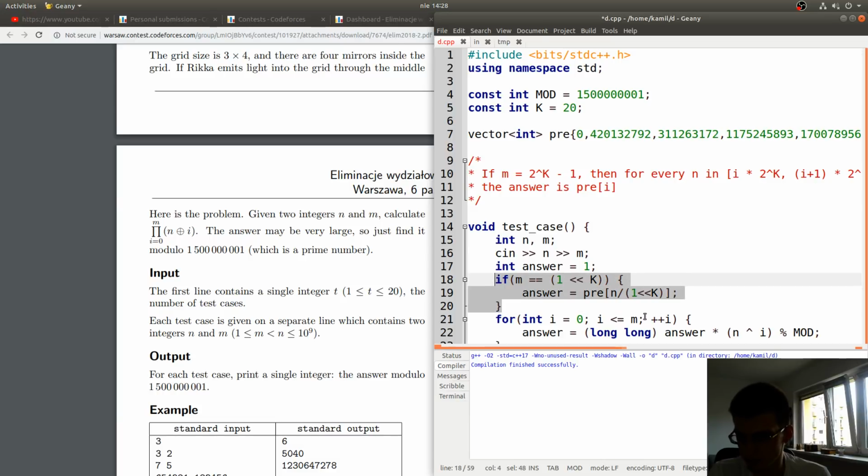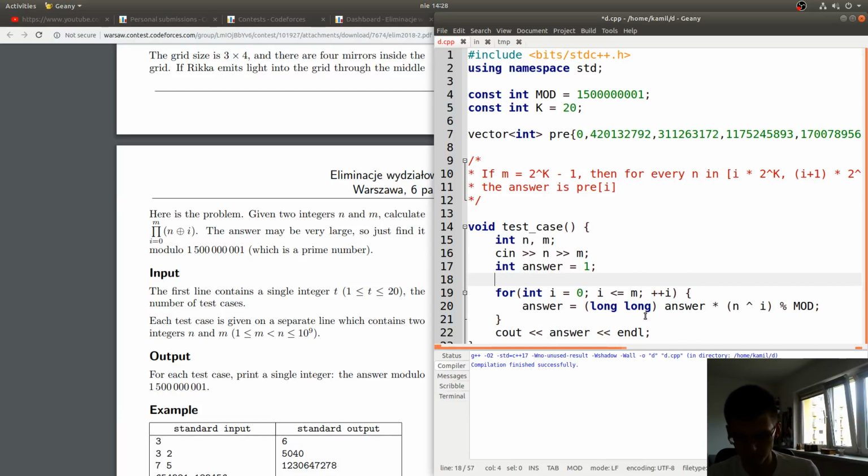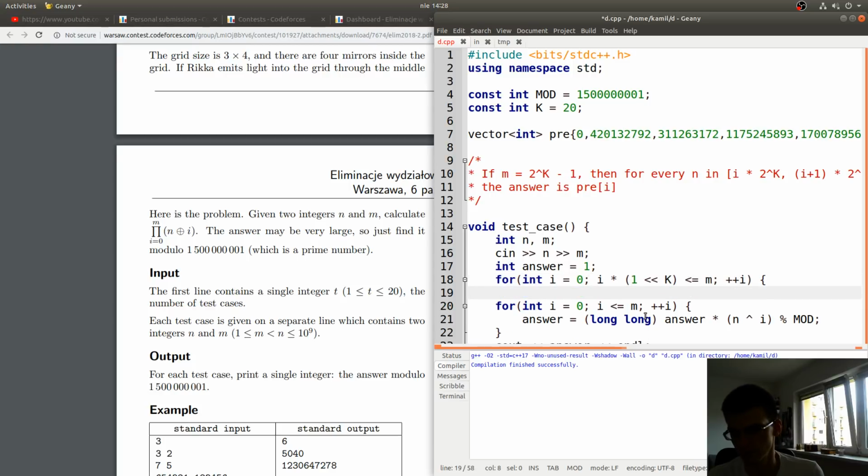So the actual solution will be, for I from 0, while I times 2 power k is smaller than n, then answer we multiply by something, then something will be pre of something.